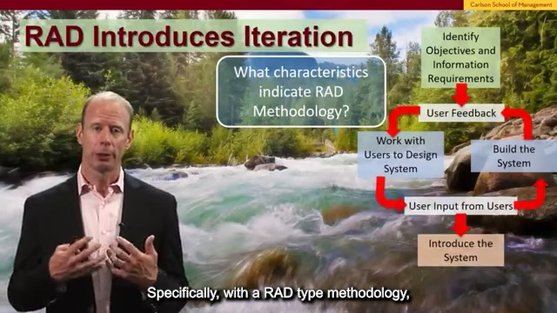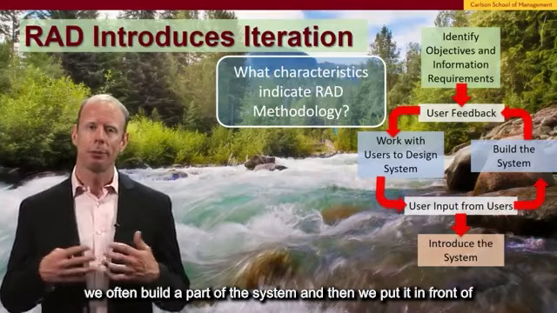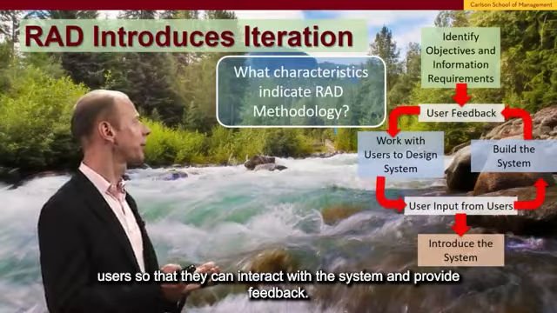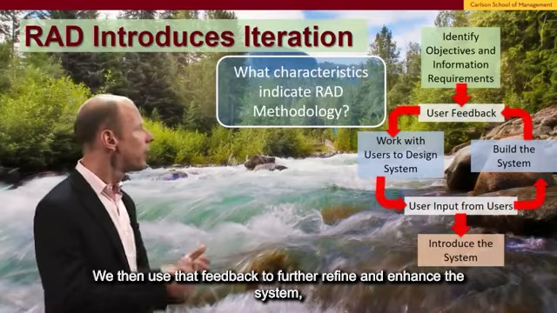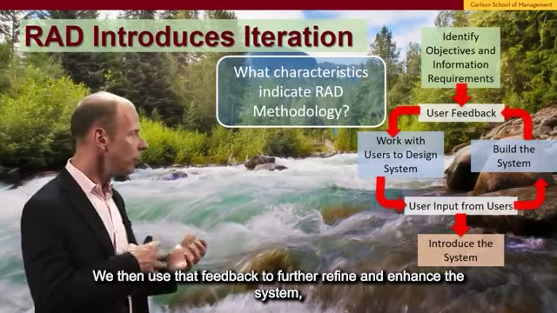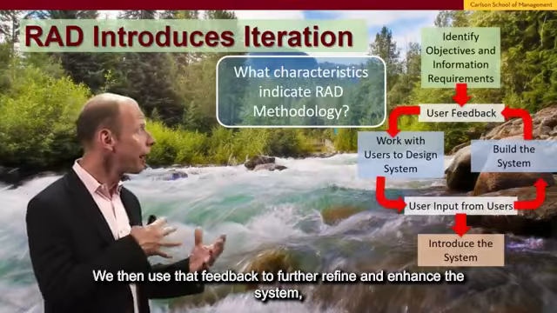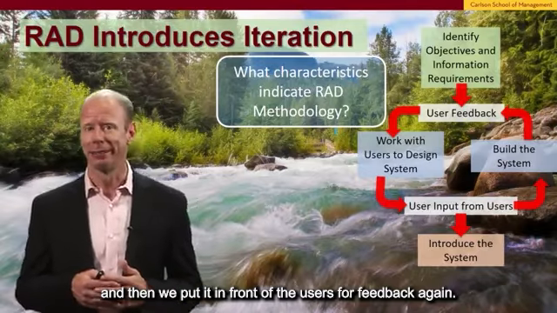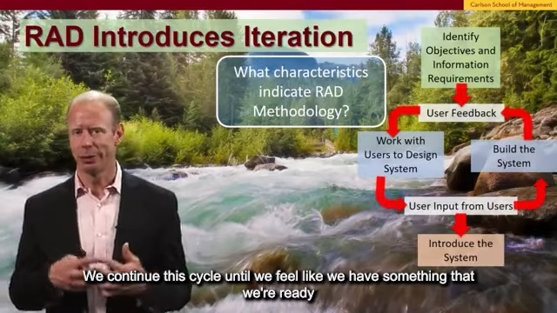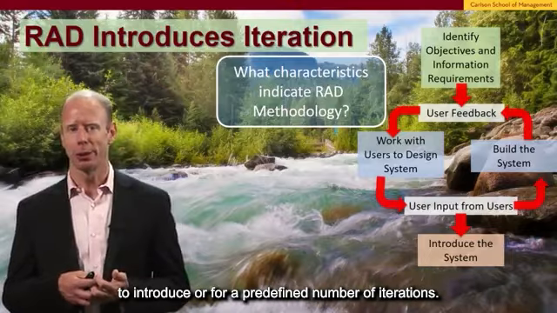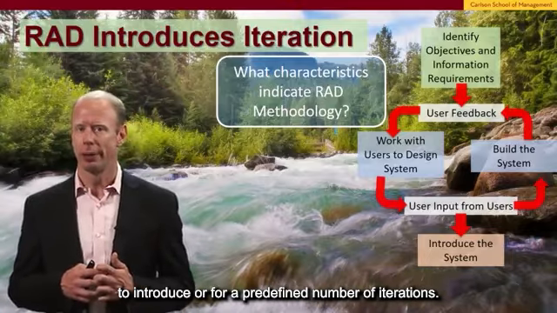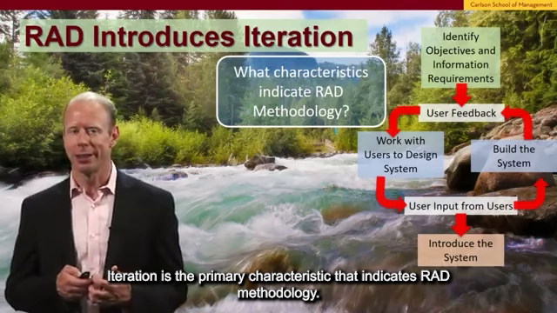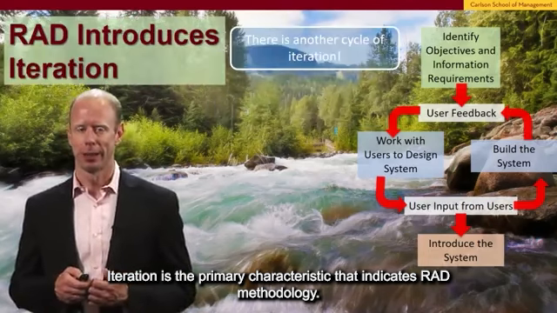Specifically, with a RAD-type methodology, we often build a part of the system and then we put it in front of users so that they can interact with the system and provide feedback. We then use that feedback to further refine and enhance the system, and then we put it in front of the users for feedback again. We continue this cycle until we feel like we have something that we're ready to introduce, or for a predefined number of iterations. Iteration is the primary characteristic that indicates RAD methodology.